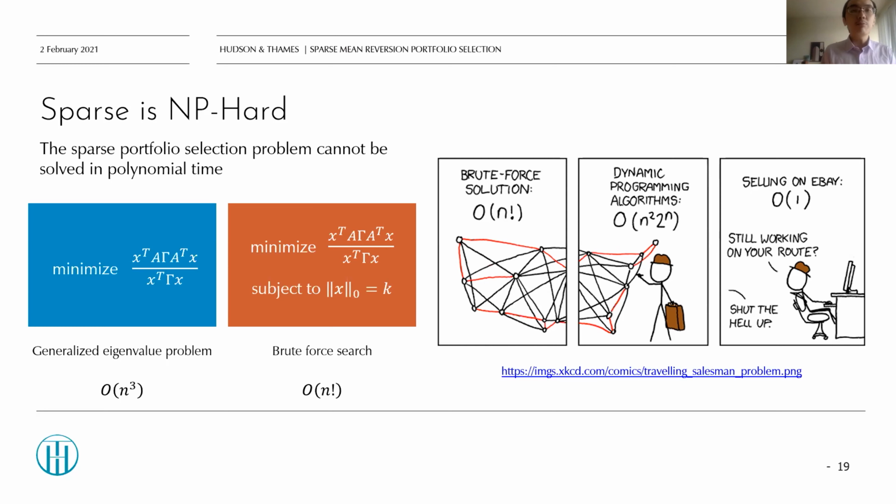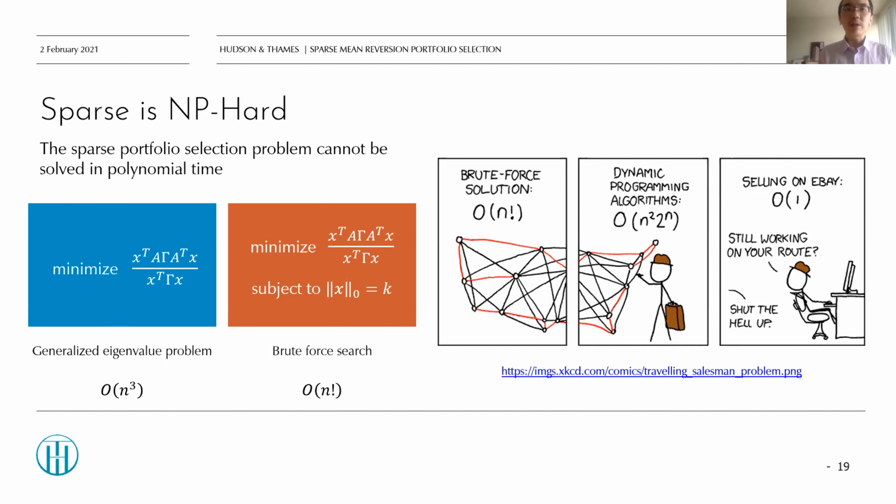However, once we add the sparse constraint, this problem becomes NP-hard. This cartoon shows another NP-hard problem, the traveling salesman problem. All of these problems can take either factorial or exponential time to run.